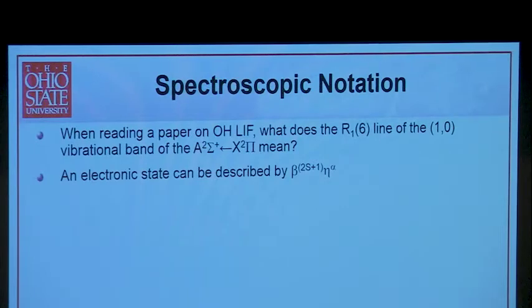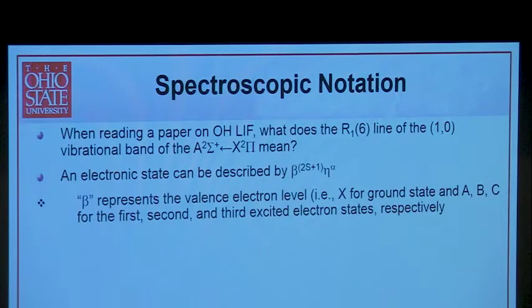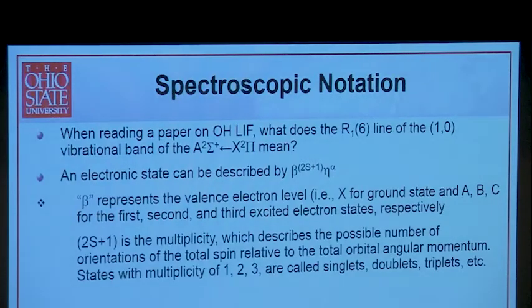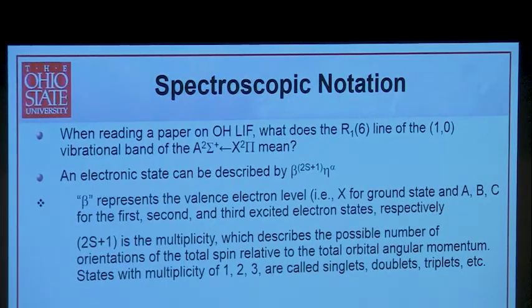So an electronic state can be described by this kind of code, Beta to the 2S plus 1, Eta to the Alpha. And as I've explained there, Beta is the valence electron level, whether it's the ground state or one of the excited electron states. 2S plus 1 is the multiplicity. Okay, it has the possible number of orientations, the total spin. So states with multiplicity of 1, 2, 3 are singlets, doublets, triplets.